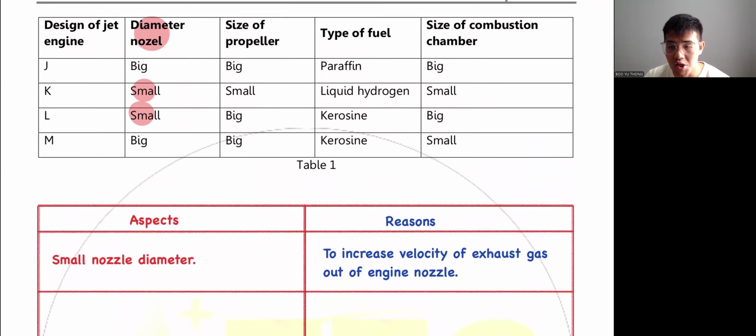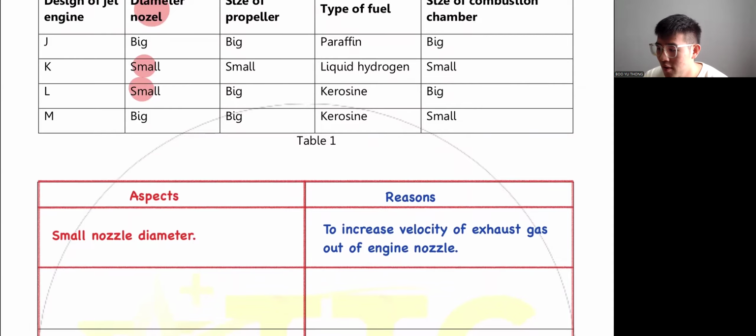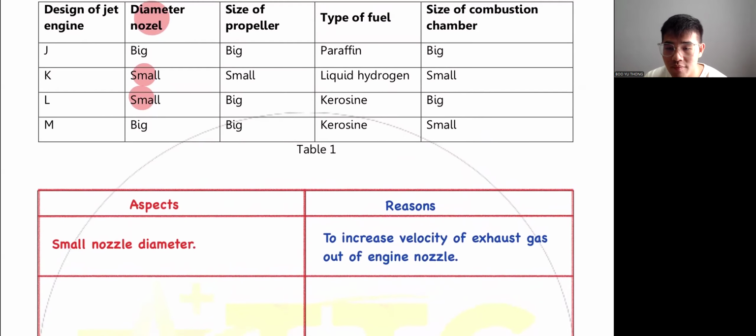So the second part in the jet engine is the propeller, and the question wants you to pick the right size. Imagine yourself as the engineer, the expert of the aeroplane engine. So the propeller has to be big or small. Now, there's this kind of job in the real world, maybe some of your parents are doing it.